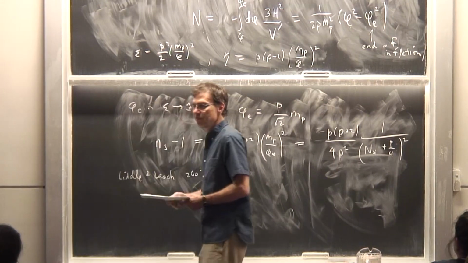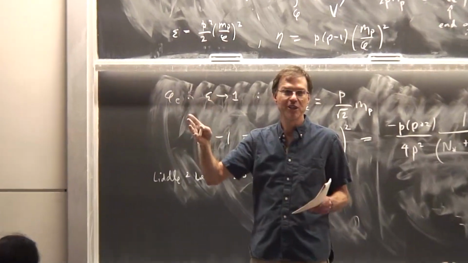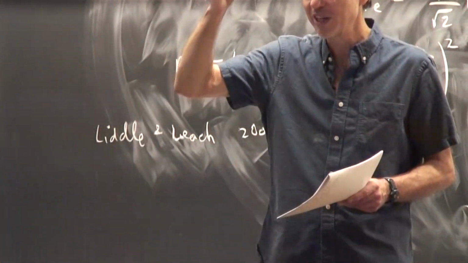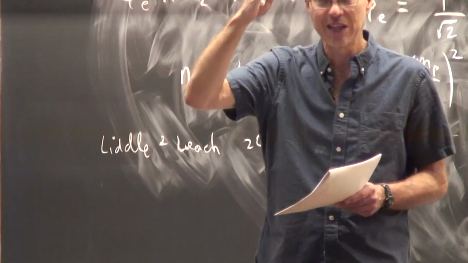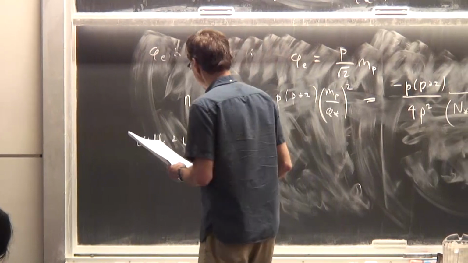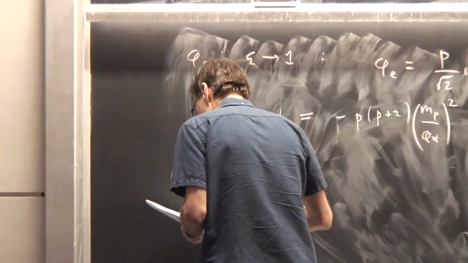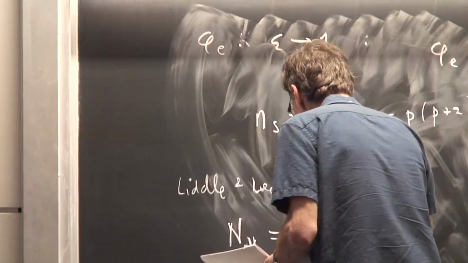Basically, it's just doing exactly what I did on that picture with the triangle, except doing it more carefully and taking into account what exactly goes on during a realistic reheating process. So it's too involved to go into the details here, and I'll just show you the result.